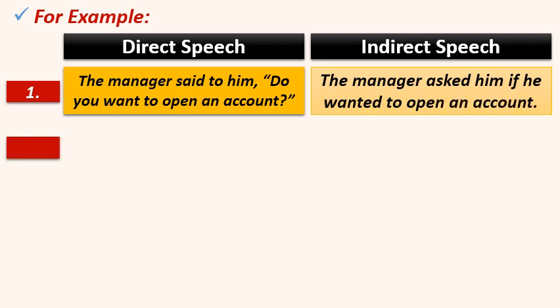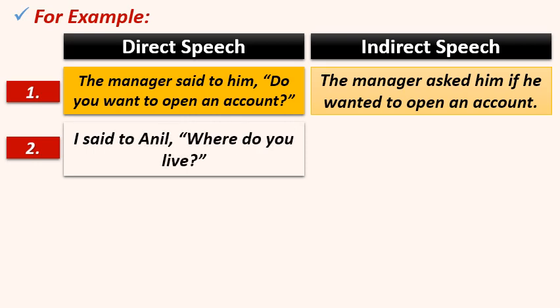Now let us see another example. I said to Anil, "Where do you live?" As you can see, the reported speech is beginning with a question word. So we will remove the inverted commas and use the same question word instead of any other conjunction. Whenever we want to know about something, we are inquiring about that person.